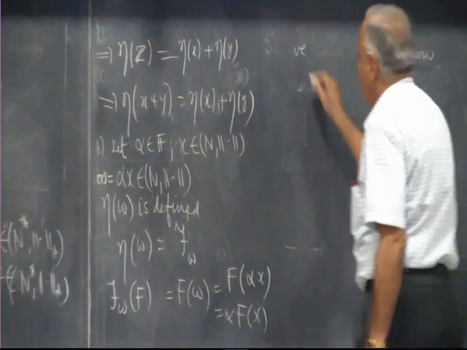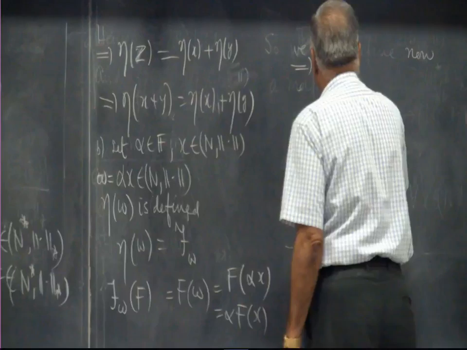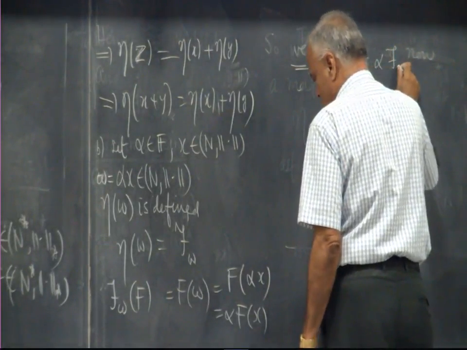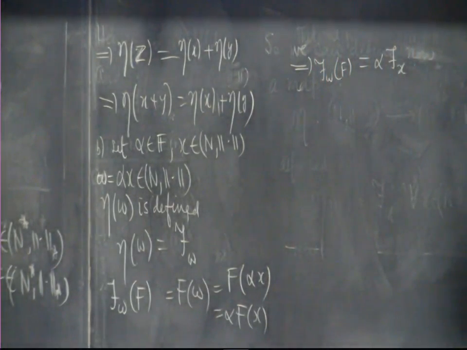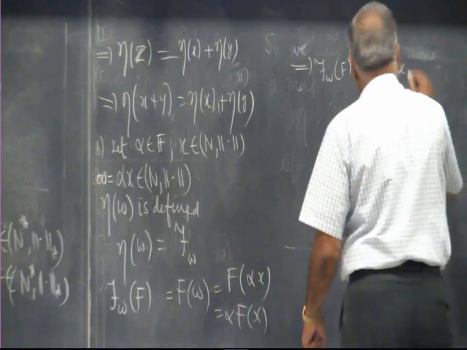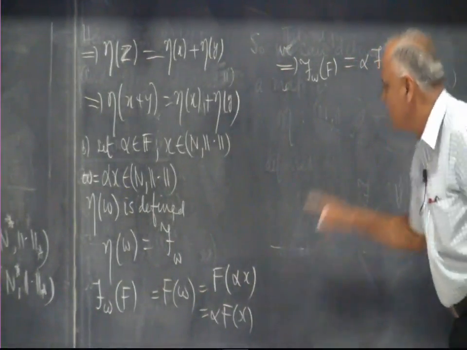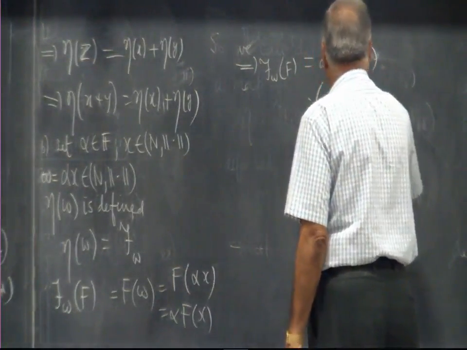Which says that fw of f is equal to alpha fx of f, which is alpha fx acting on f.